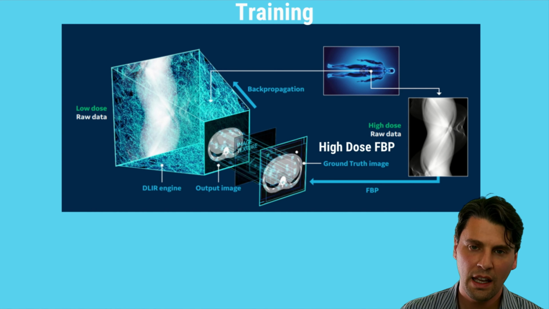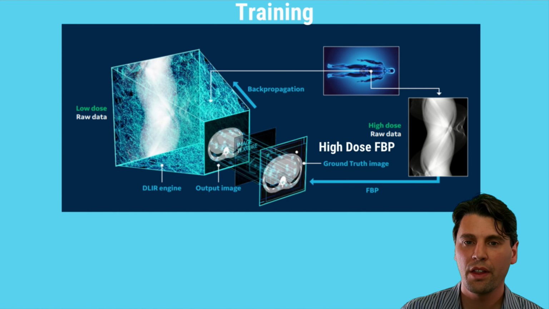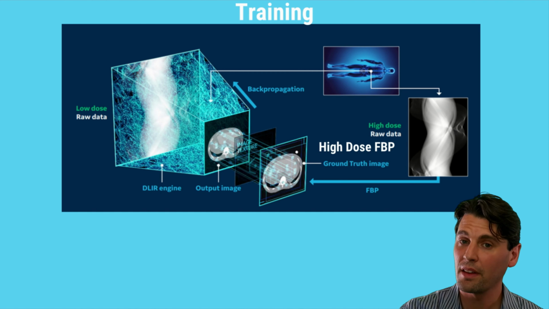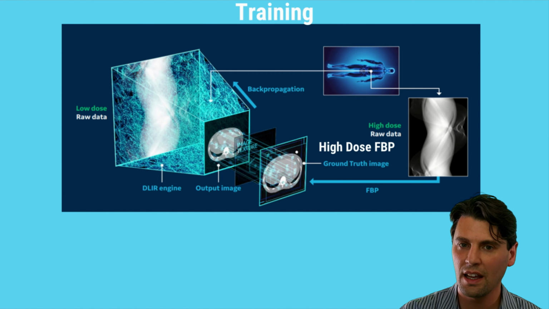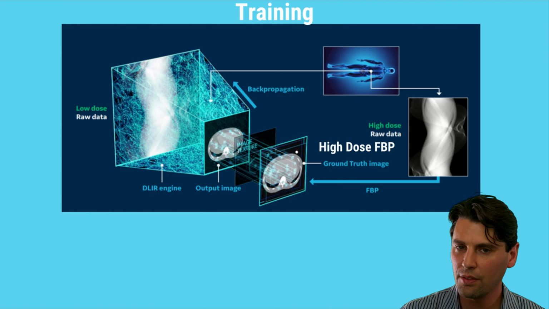And so GE, while using clinical data that was acquired within standard of care imaging doses, took data more from the top of that range of standard of care imaging doses. No one was given any additional radiation dose as part of gathering this training data. We took data more from the top end, so relatively higher dose data, relatively lower noise data.